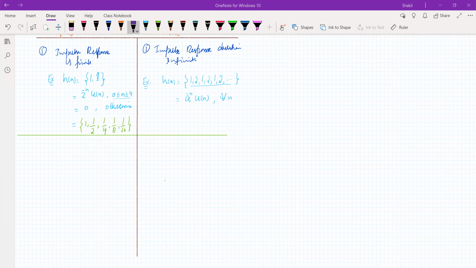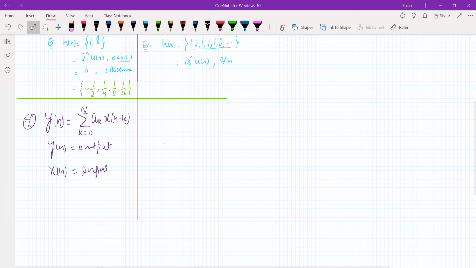Now let me write the general difference equation of an FIR system of order m: y of n is the sum of a k x of n minus k, where y of n is the output of this system or this filter and x of n is the input.